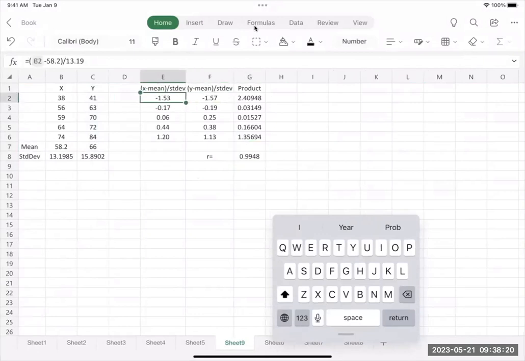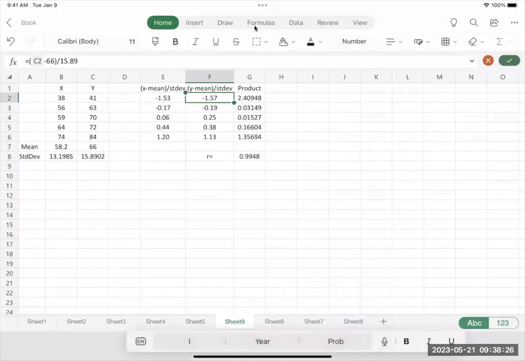You're standardizing the values, and if they reinforce each other, if the variables are behaving the same way relative to their mean, outcomes are mimicked, then you get a positive R, and the average should be positive and close to 1.